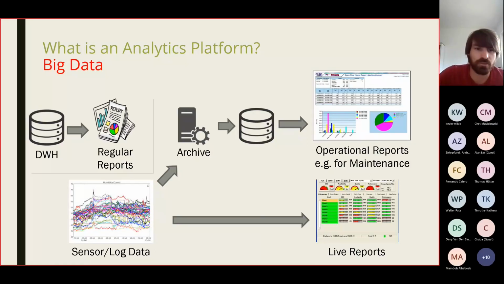For the data warehouse and regular reports, nothing really changed, but we now had the ability to store these vast amounts of data in a data lake, in HDFS back then, and use this data for operational reports, so that we could also see how, for example, a specific machine or a specific sensor behaved over time, which was not possible before because we just didn't store the historic values. And we still had the ability to use live reports because they were always there and they never change.